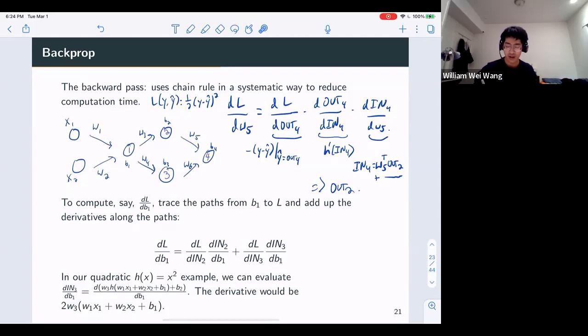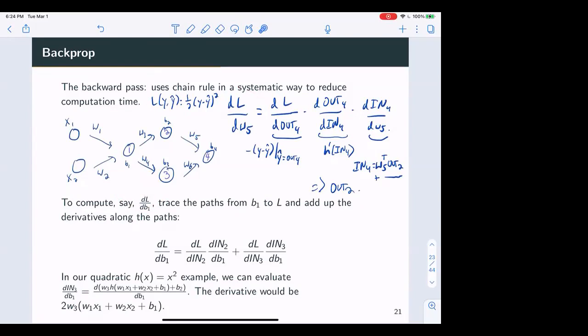Well, it goes through in 4, then that goes through out 4, and then that goes through L. This is a simpler example because there's only one path, in some sense, to get from W5 to L.